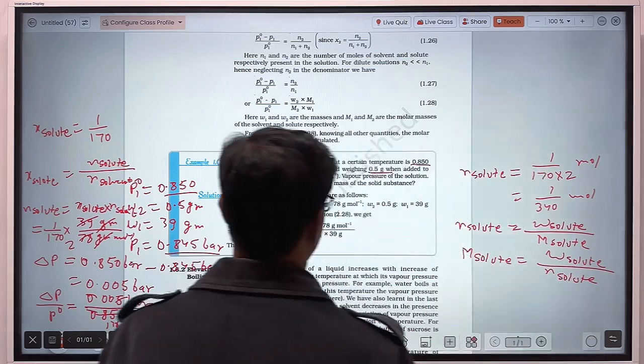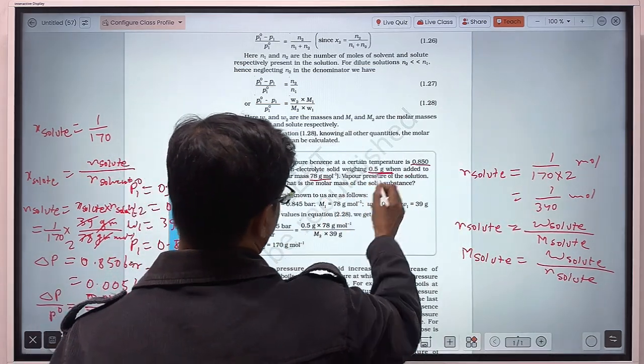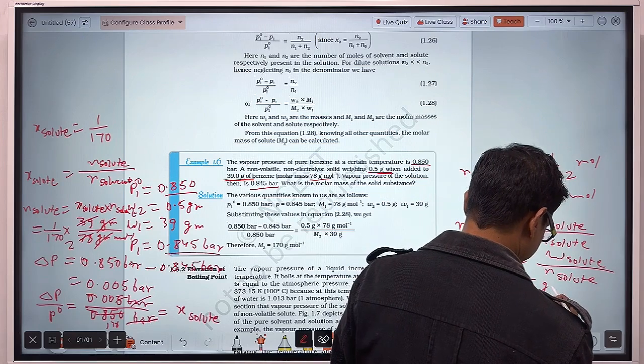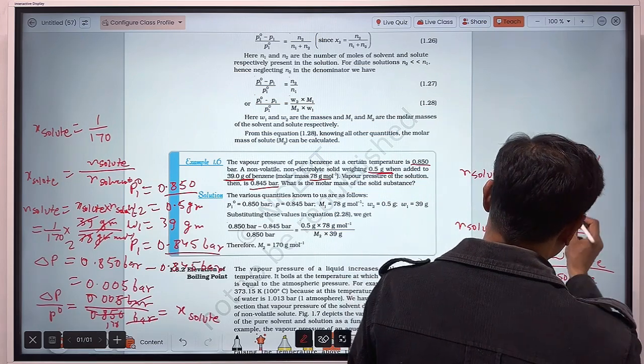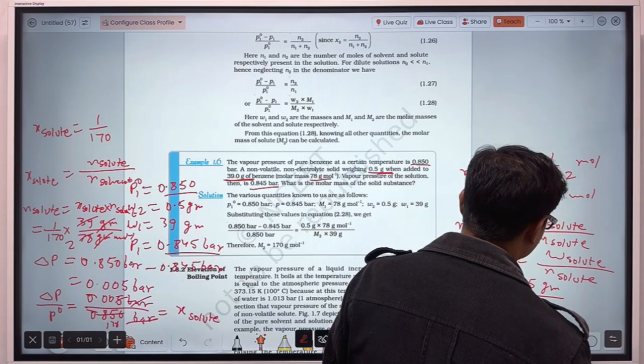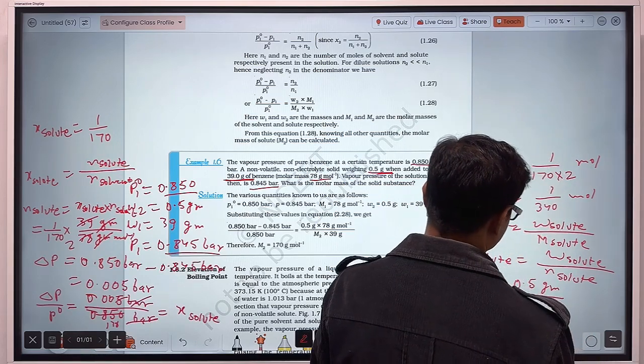The weight of solute given is 0.5 gram, that upon the number of moles, 1 upon 340 mole.